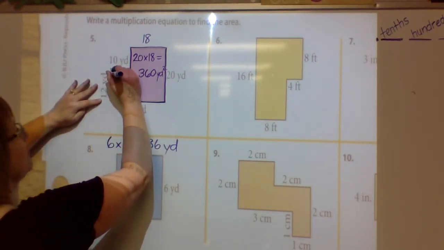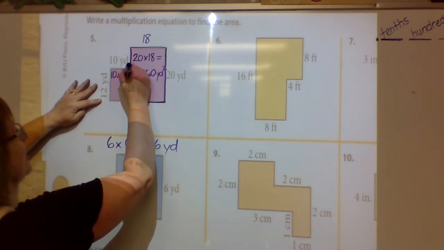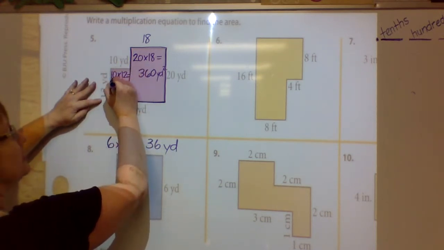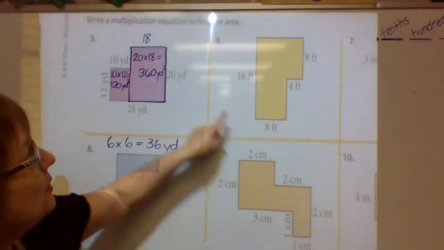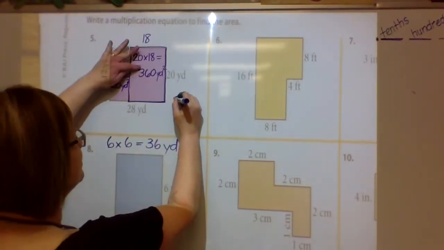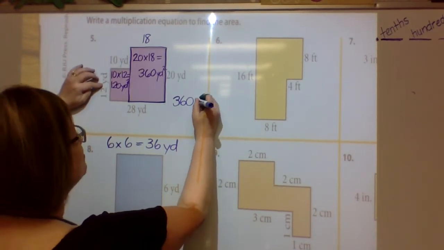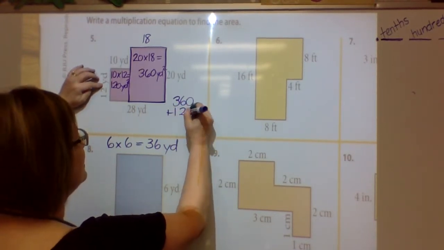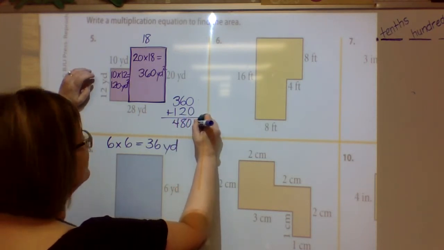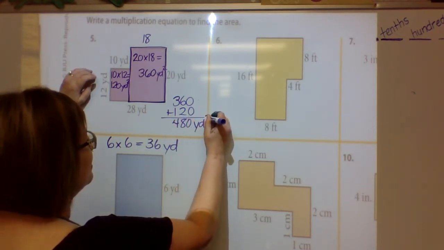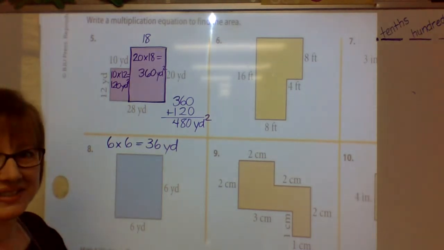So if you can write it in here, 10 times 12 equals 120 square yards. So in order to find the whole area, we have to add these together. 360 plus 120 equals 480 square yards. Do you see?